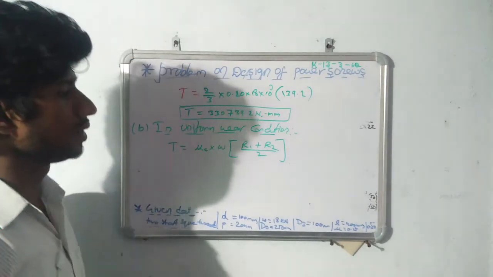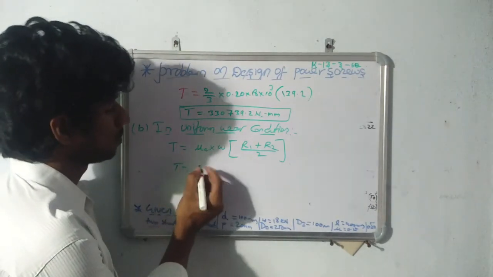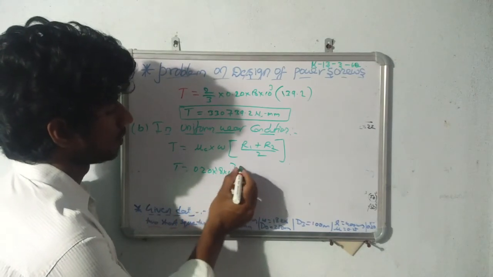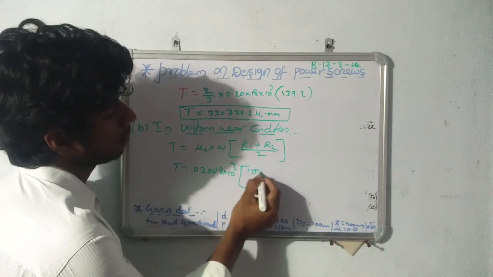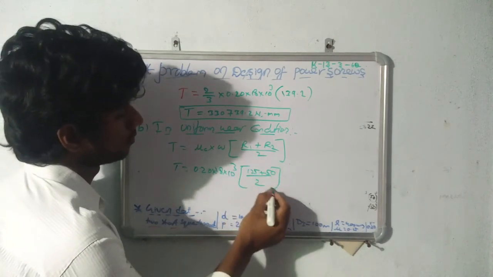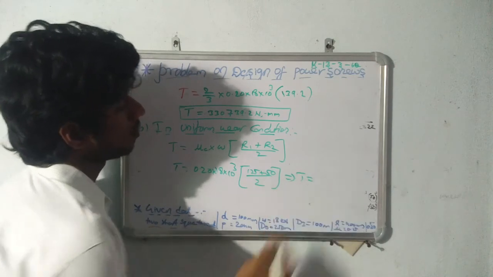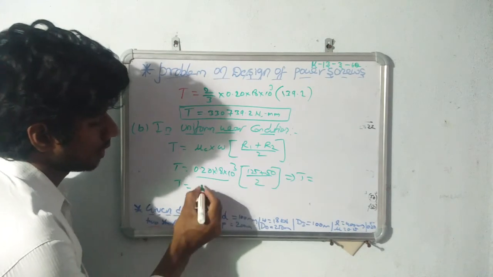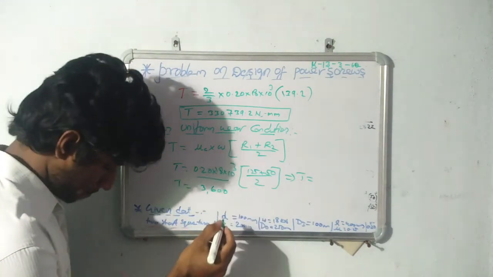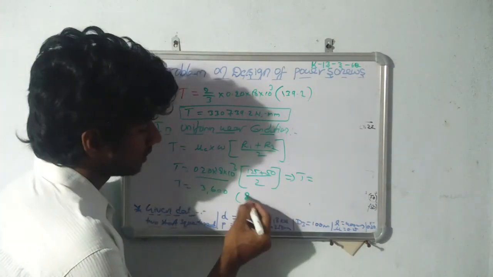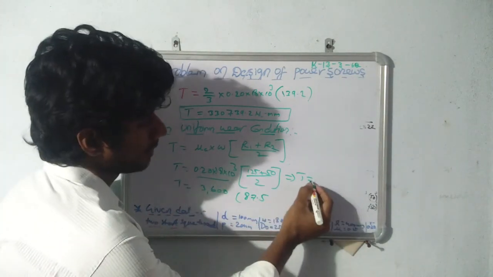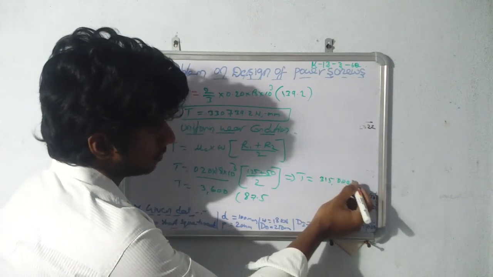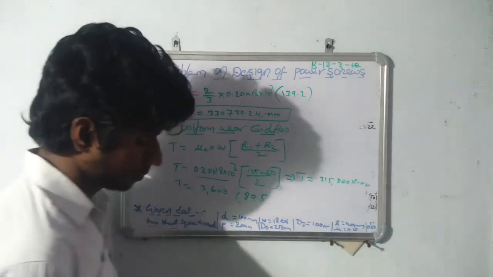Substitute those values here. T equals 0.20 into 18 into 10 to the power of 3 into 125 plus 50, divided by 2. Ultimately the torque in the uniform wear condition, simplifying this, we get 3600 into 87.5. Ultimately T equals 315,000 Newton per mm.